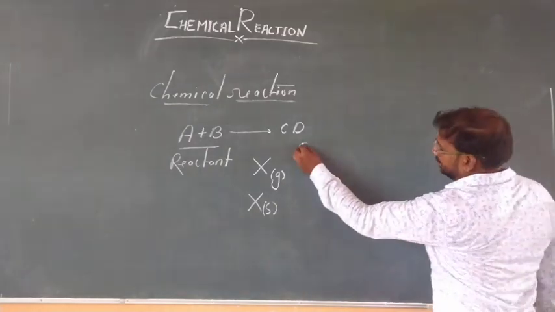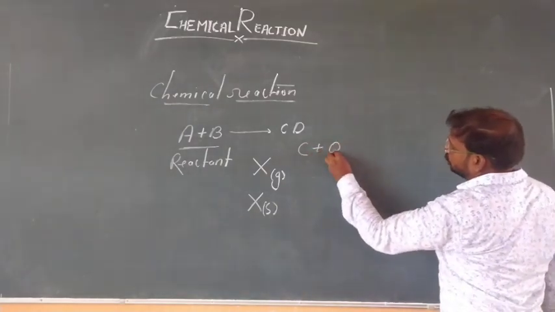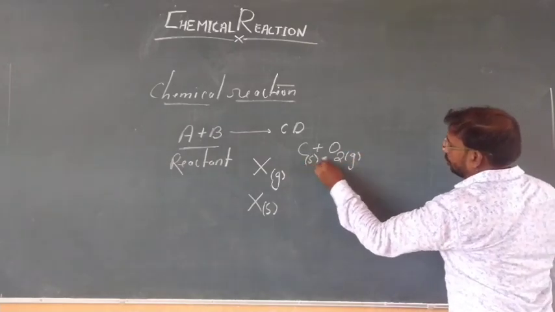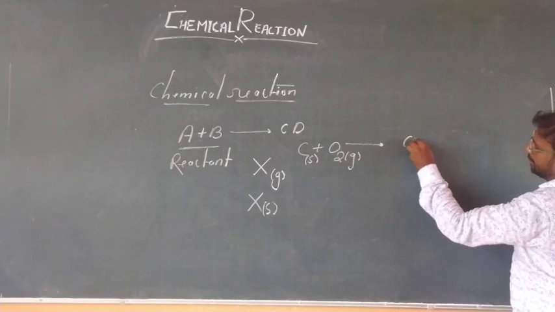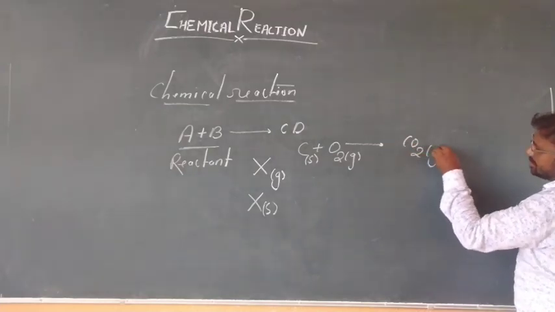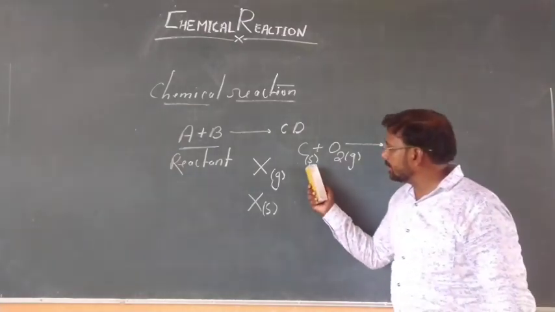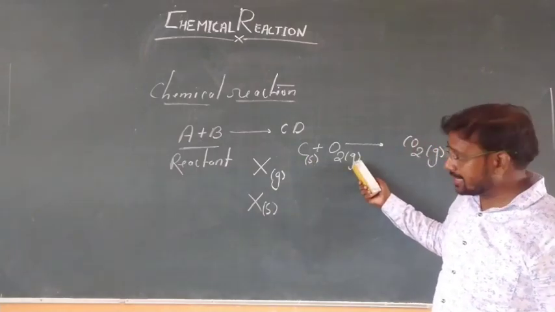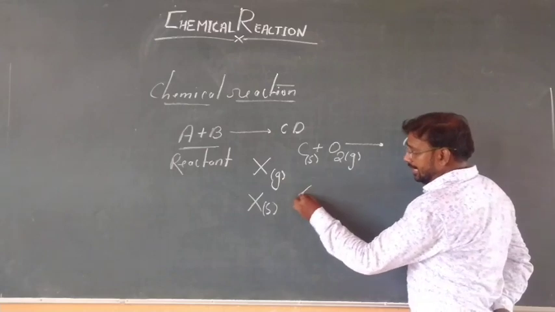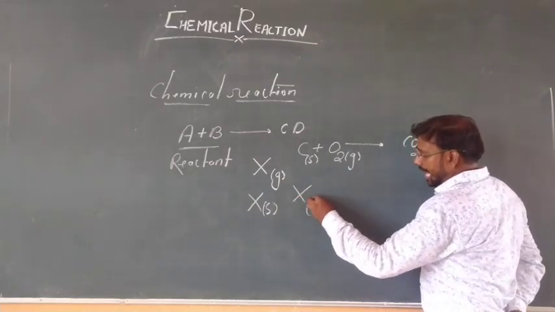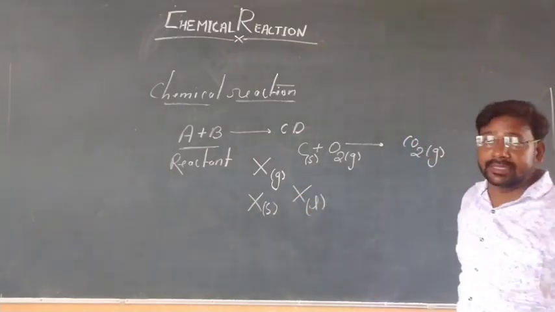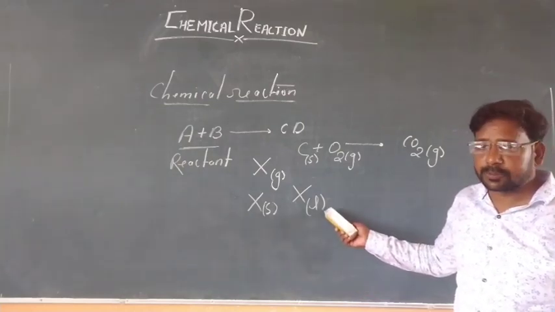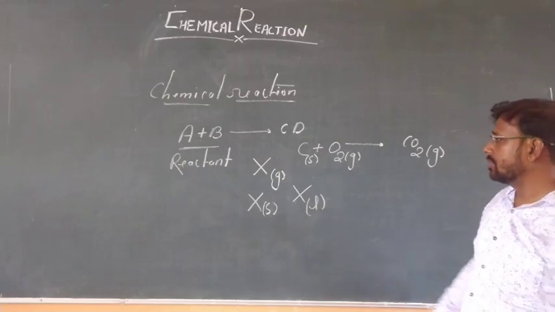That's why I have written carbon reacts with O2, and what is formed? Carbon dioxide gas. Small s stands for solid form, and g stands for gaseous state. And again, for any element we will write l. l means it is present in the liquid state.